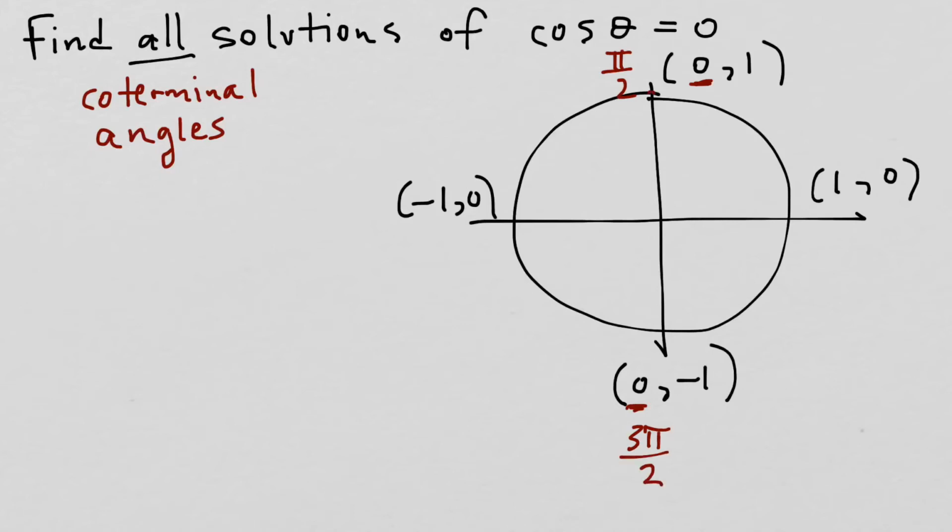So let's start out with our base angle of pi over 2, our smallest angle, in other words. All right, in order to get to 3 pi over 2, though, I'm not adding 2 pi, I'm only adding pi. All right, so my next angle is pi over 2 plus pi.